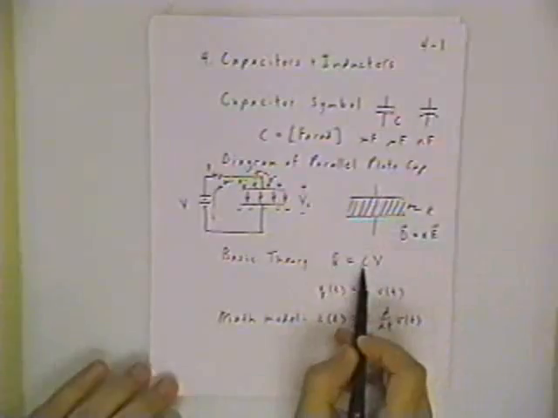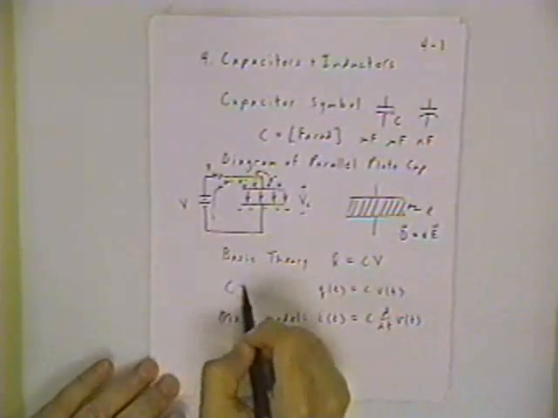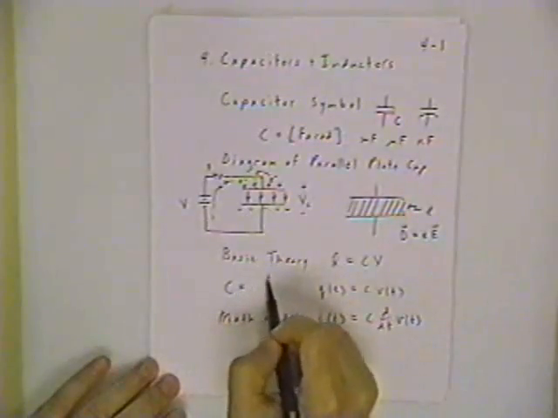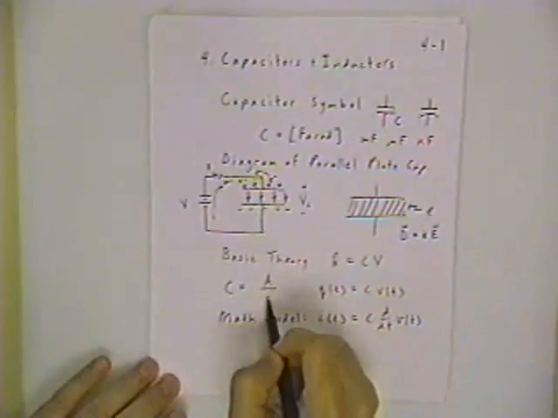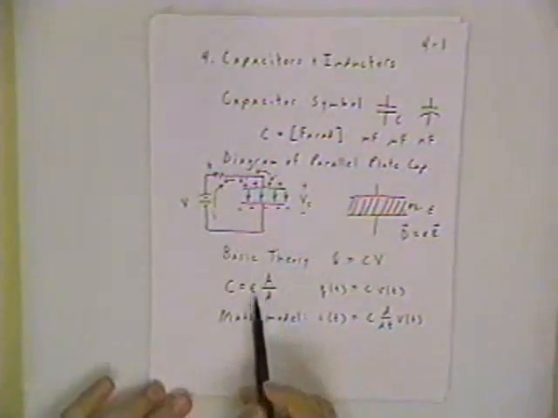For this parallel plate capacitor, you've got a mathematical model for where that capacitance comes from. It's proportional to the cross-sectional area and inversely proportional to the separation of the plates, and the constant of proportionality is epsilon.